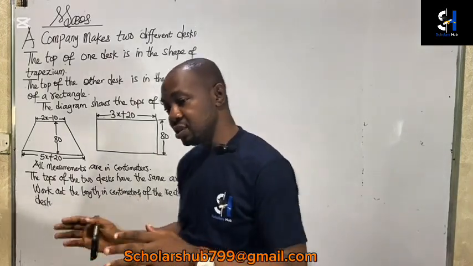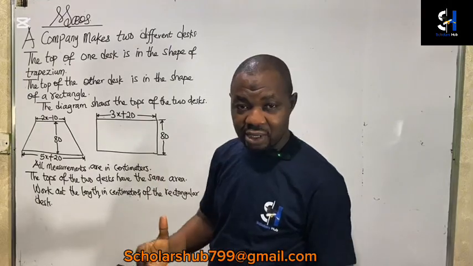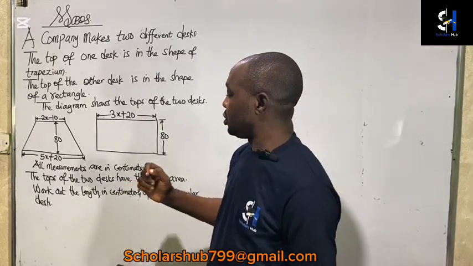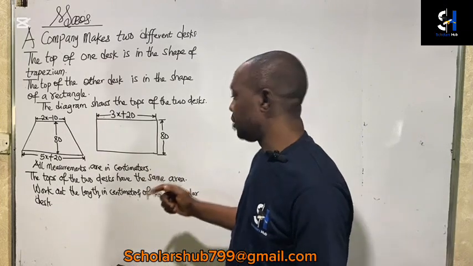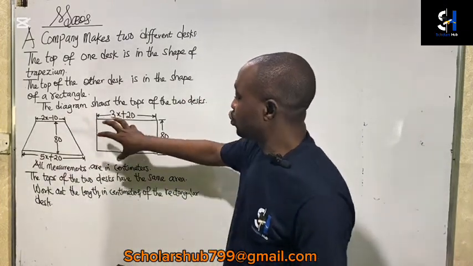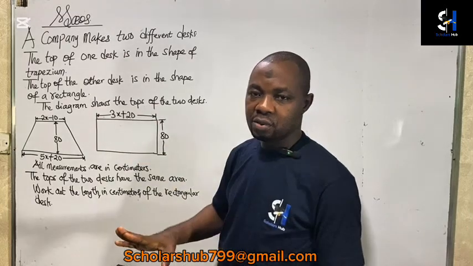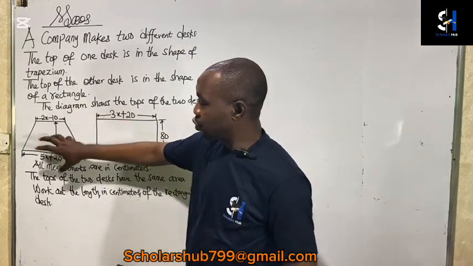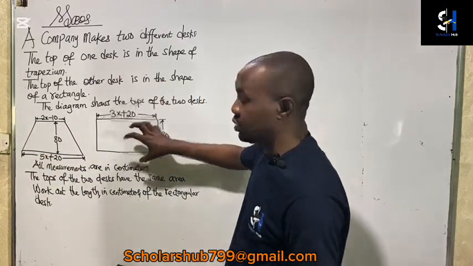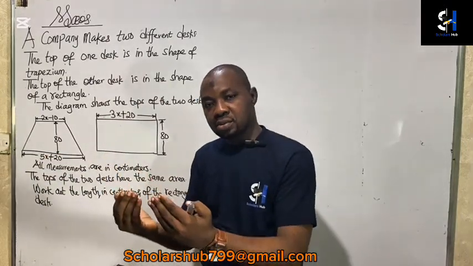So for a question like this, you don't need to stress yourself. We are given that the tops of the two desks have the same area. Which means the area of the trapezium will be equal to the area of the rectangle. So when you write the equation for the area of the trapezium and also for the rectangle, then we equate.